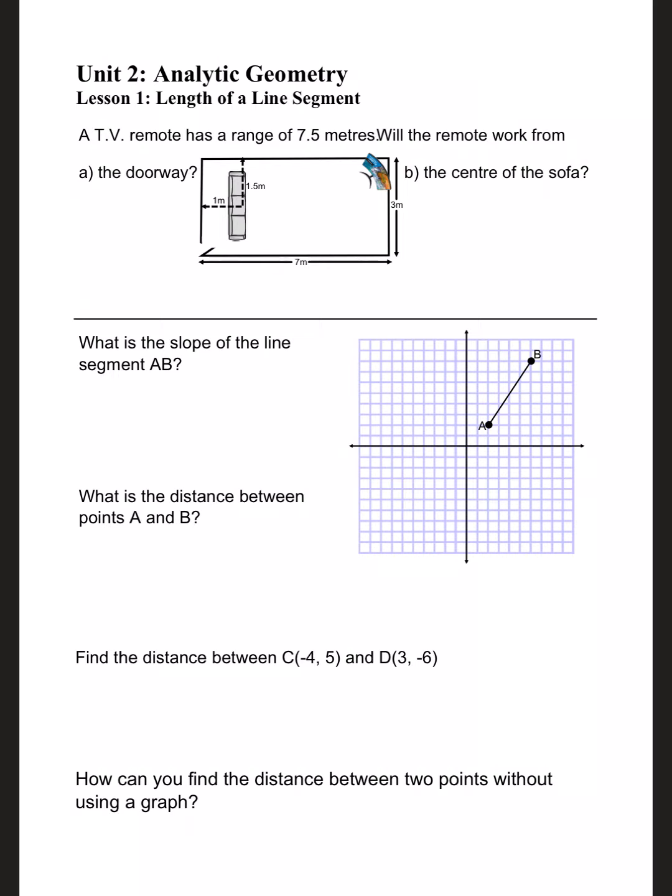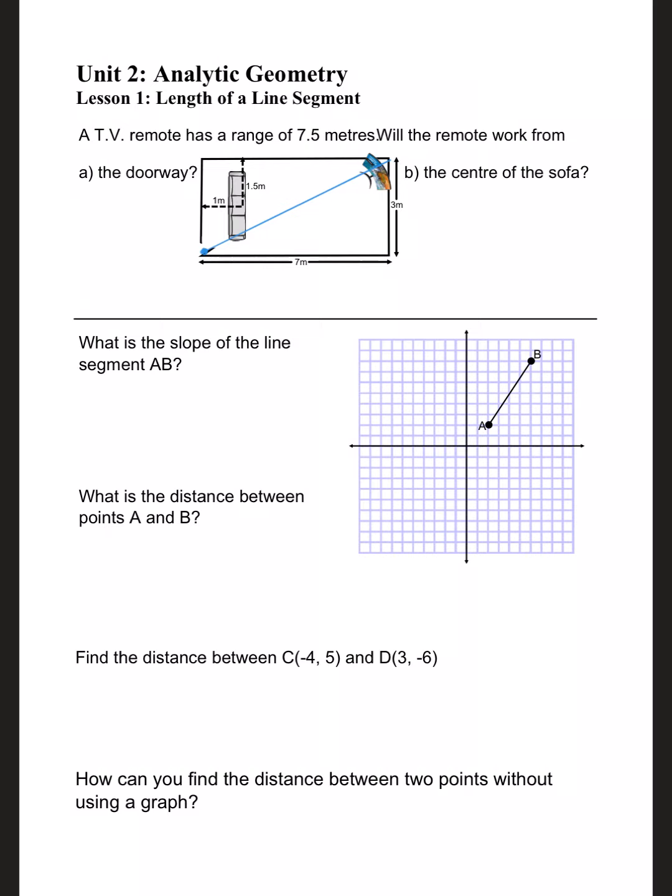So a TV remote has a range of 7.5 meters. Will the remote work from the doorway? If we see that the doorway is here, and we draw a line from the doorway to the center of the TV, we have a line going from there to there.